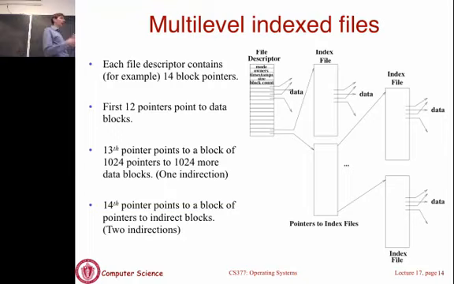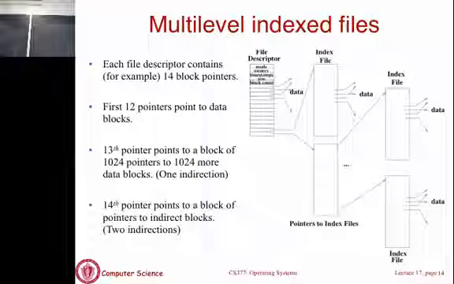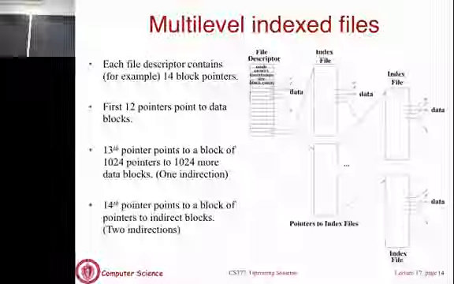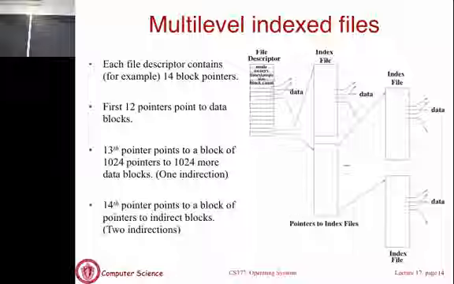Right. We're explicitly preferring small files here. Because if your file is really small and fits all in the file descriptor, it's the same as the regular index case where you can directly index each block of the file. But if your file is really large and you have blocks sitting down here in the second level of indirection, in order to access any of those blocks, you are still having to traverse some of the index files to get there.